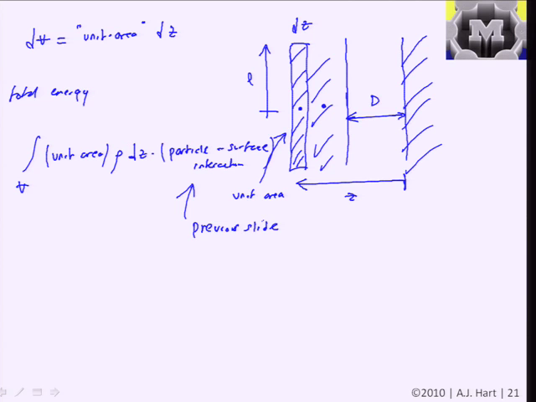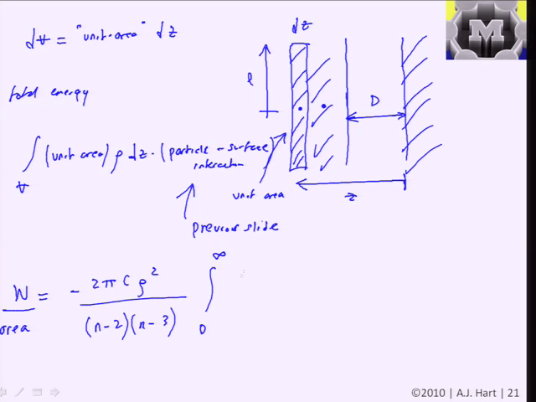So in terms of a general form, this would just be W per unit area. And we can say this is minus 2 pi times c times rho squared divided by n minus 2 times n minus 3 times the integral from d to infinity of dz divided by z to the n minus 3.